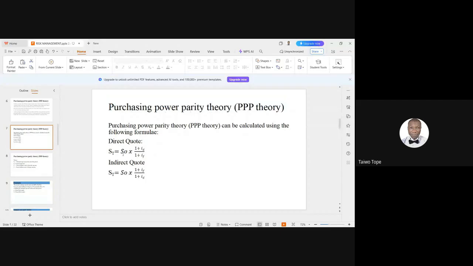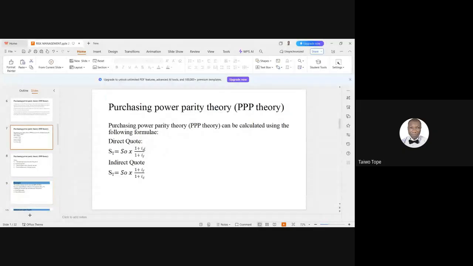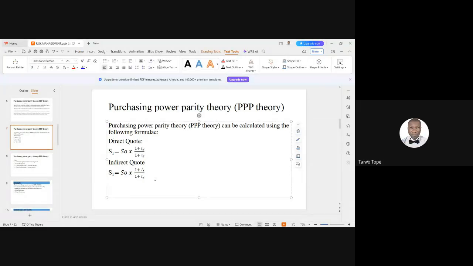Now, multiply by this fraction: 1 plus inflation in relation to domestic currency is what? 8%. So it will be 1 plus 0.08.